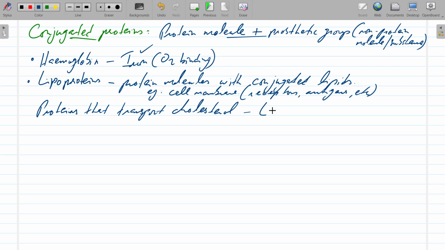Those are called LDL, which is low density lipoprotein. You might have heard of these.